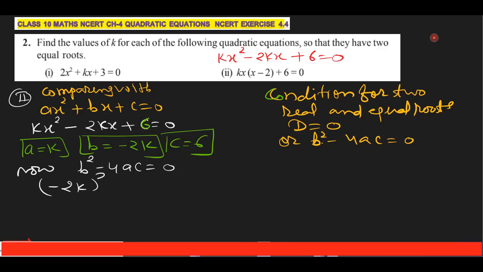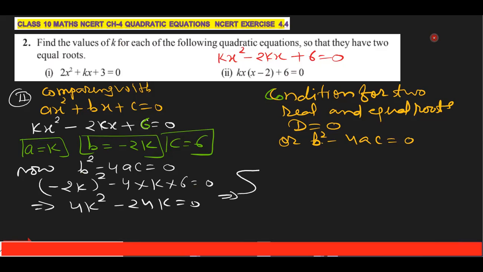So minus 2k whole square minus 4 into k into 6 is equal to 0. That is 4k square minus 24k is equal to 0. Or we can write 4k common, means k minus 6 is equal to 0.